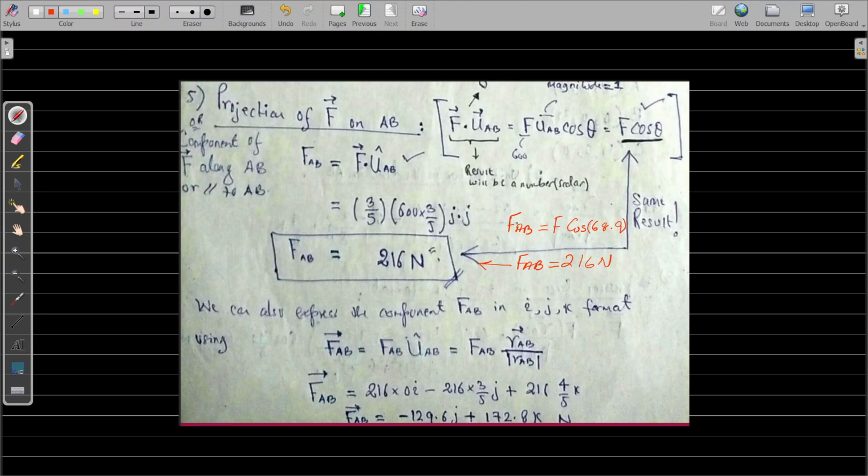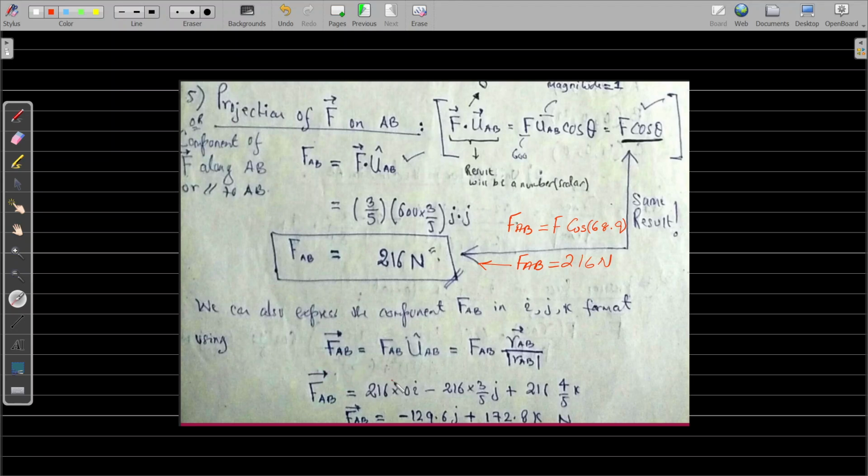Now we are also interested in making this FAB, which is a scalar, into a vector FAB. So we have to transform this FAB into a vector by transforming it into Cartesian vector form, meaning ijk format. This is the formula we use.